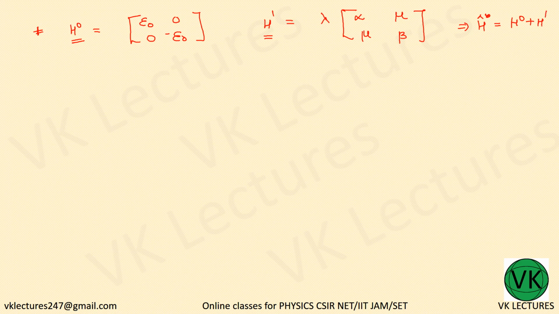Since it is a 2 by 2 matrix, you will have two eigenfunctions, psi 1 and psi 2. Corresponding to psi 1, you will have the ground state energy, that is the first state energy, E1 naught and E2 naught.